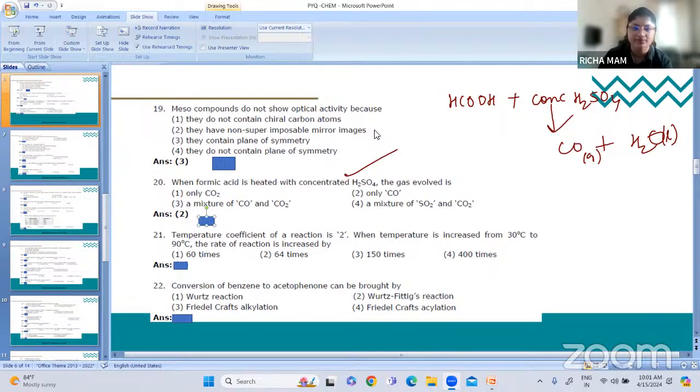The options are: first, 60 times; second, 64 times; third, 150 times; and fourth, 400 times. Sanjana has answered it as 1.